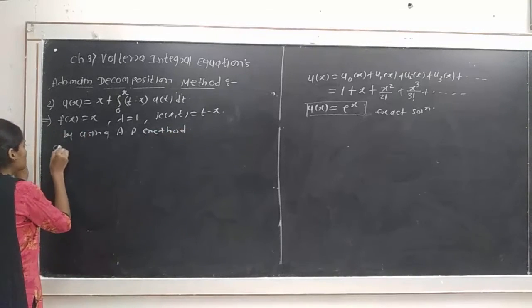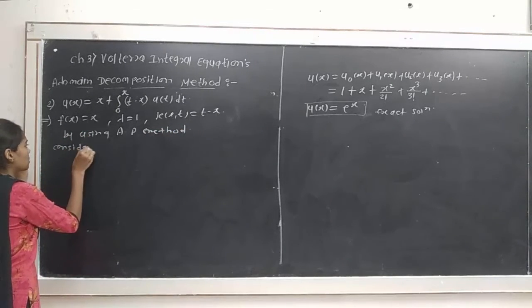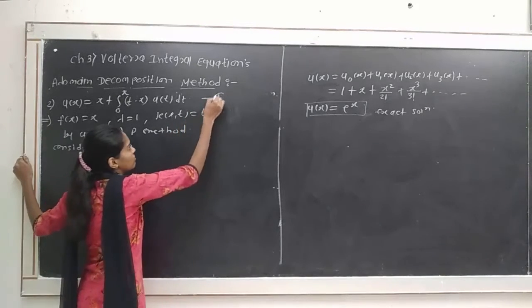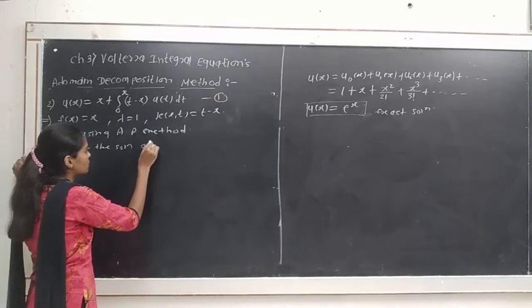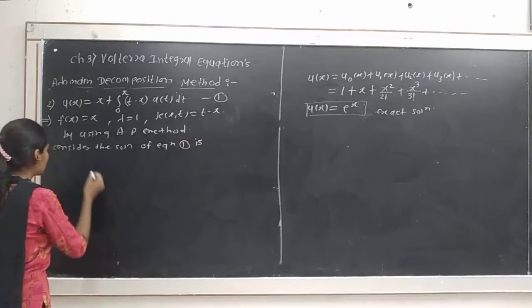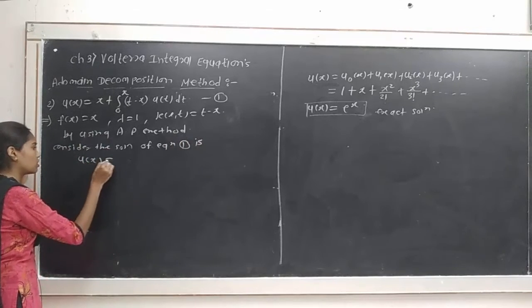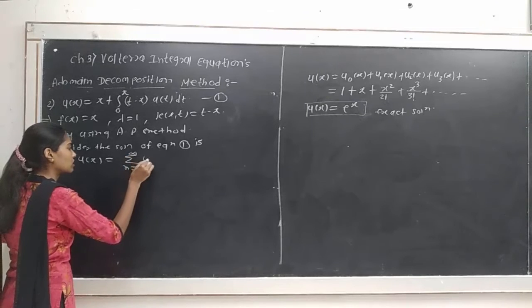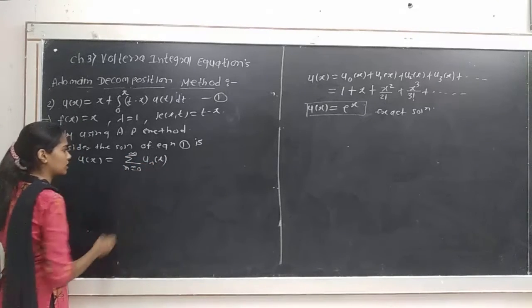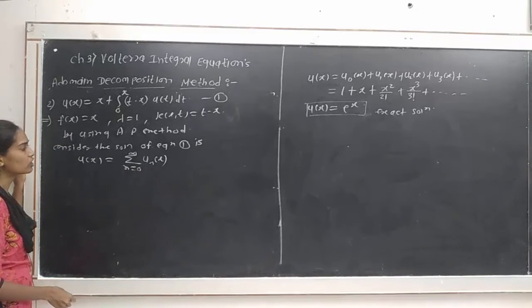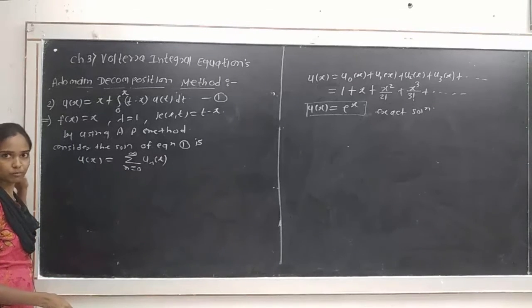Consider the solution. Take it as equation number 1. The solution of equation number 1 is u(x) equal to summation n equal to 0 to infinity of un(x). Then we have to find the series solution components u0(x), u1(x), and so on.